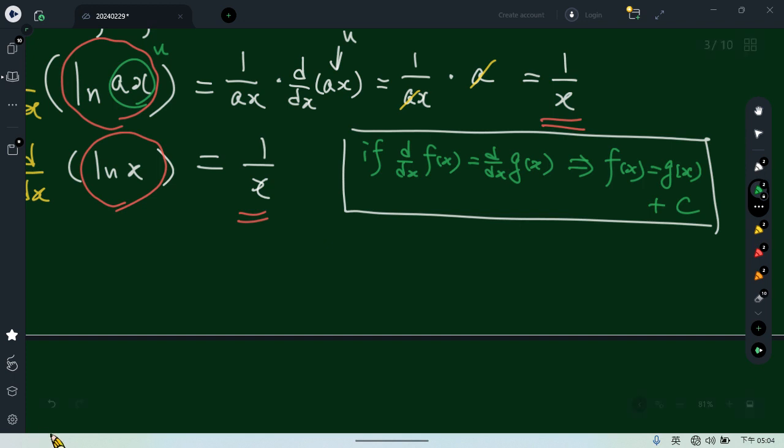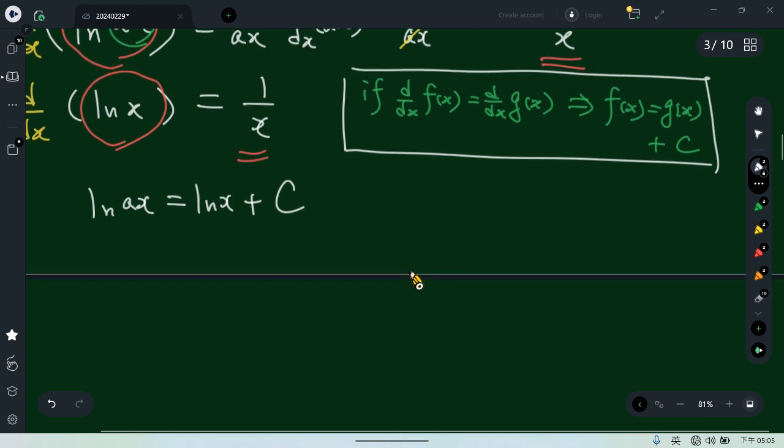So right now we know this function and this function have the same differentiation result. So that means ln ax should be equal to ln x plus some constant. This one's differential result is 1 over x, this one also has the same result, so in between, the difference is just one constant, right?